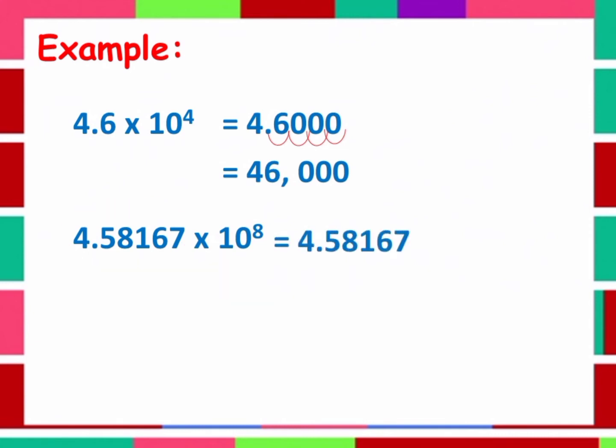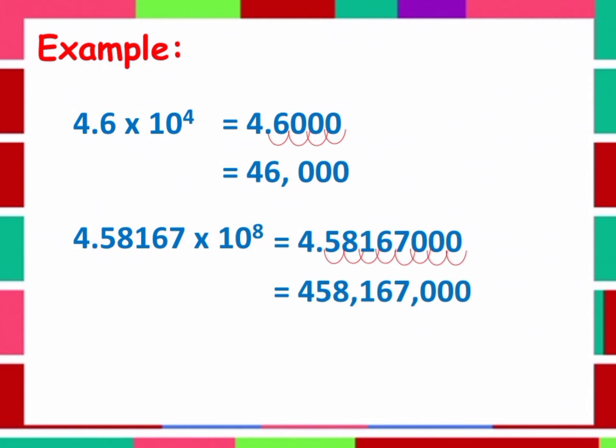Then, count 8 places to the right from the decimal point: 1, 2, 3, 4, 5, 6, 7, 8. Then, add zeros to the missing place value. So, the final answer is 458,167,000.